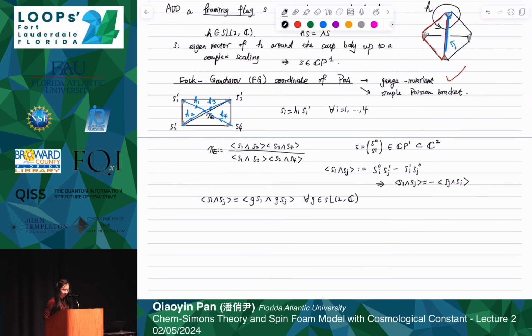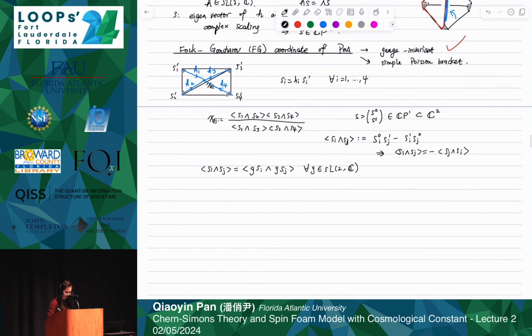And second, what is a simple Poisson bracket? First I take the logarithm of this coordinate. I denote it as e to the chi e. Then this chi e has a very simple Poisson bracket. Suppose I have chi e and chi e prime associated to different edges. Then it has three possible results.